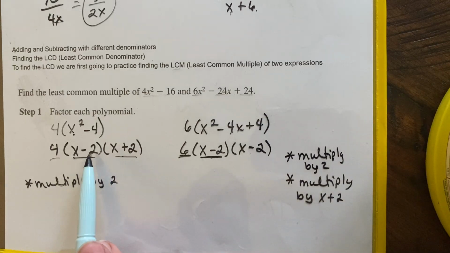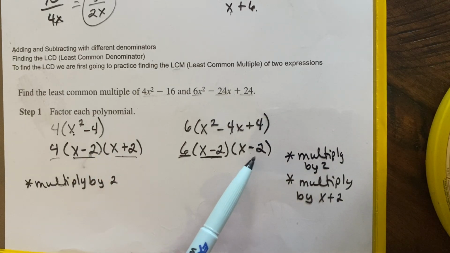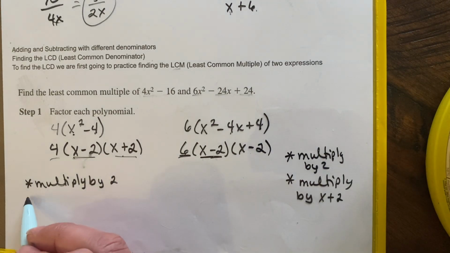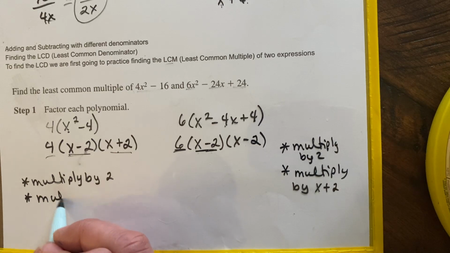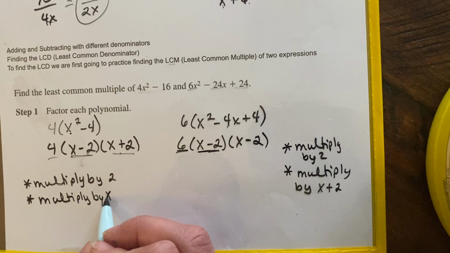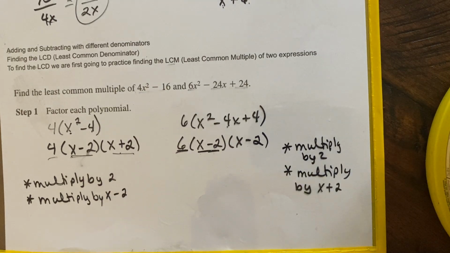Okay. And then lastly, when I come back over here, this one has two groups of x minus 2, and this one only has one. So I'm going to have to multiply this one by an x minus 2. Okay.